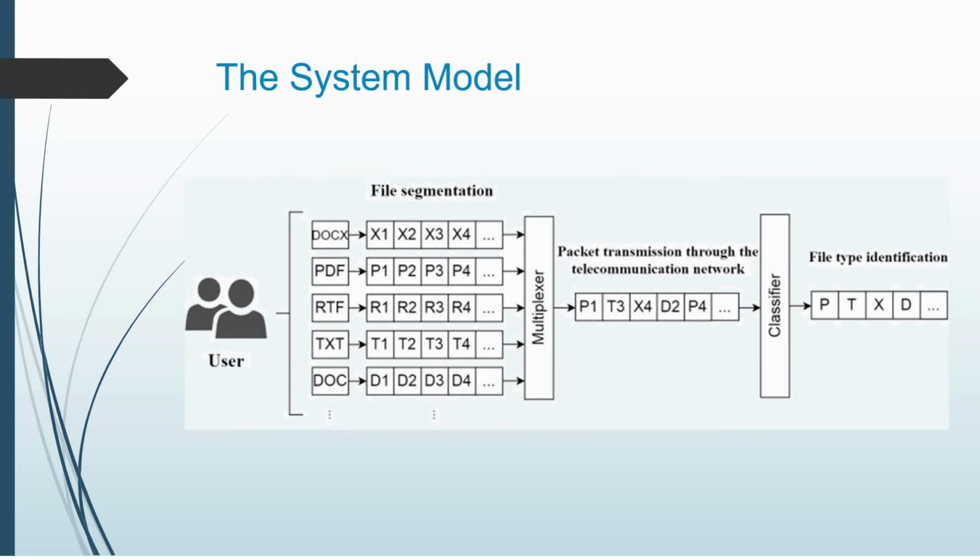Key factors to be mentioned are that we have several users, so the fragments are not necessarily from a specific file. Different text files and file types are transmitted in our model. Files are segmented into several fragments, and the packets won't necessarily be in the same order as in the file.